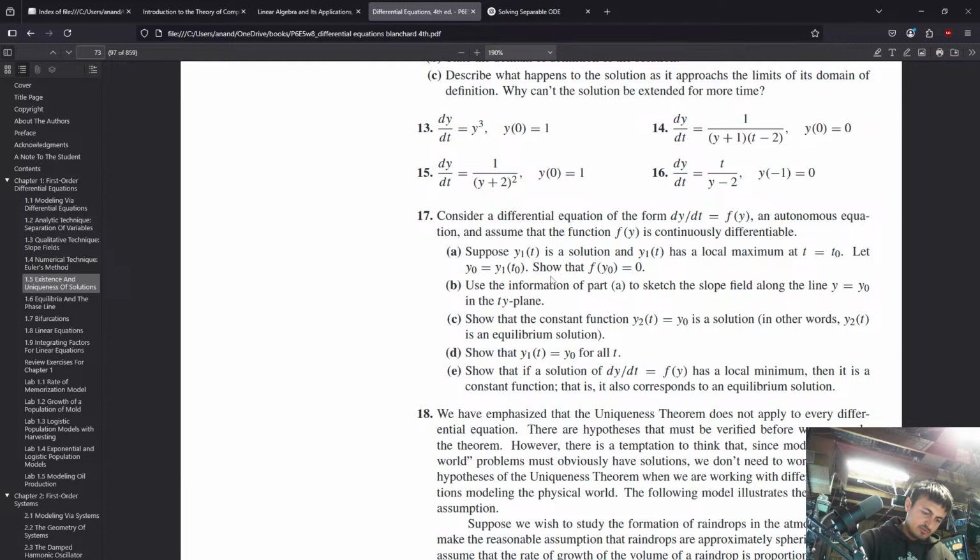You multiply by 2, then you get y minus 2 squared is equal to t squared plus c. Then you square root, so you get y minus 2 is equal to the square root of t squared, which is t, but I guess it's plus or minus t plus c. And then plus 2. So you get y of t is equal to plus or minus t plus 2 plus c.